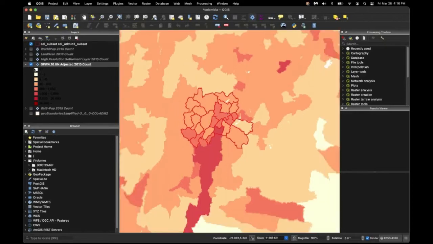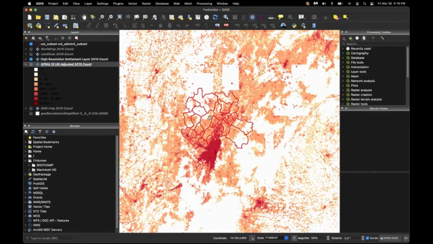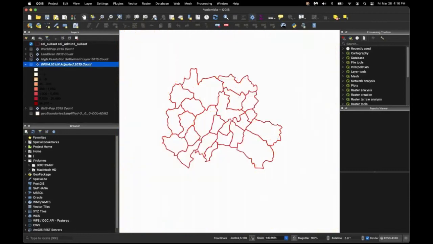But more interesting is looking at some of the other distributions. If we look at the HRSL, and especially if you're using units other than the admin units, you can see a lot of variability in the distribution within the admin units that I've got here. So if you're using units different from the census admin units, you get a much different picture.